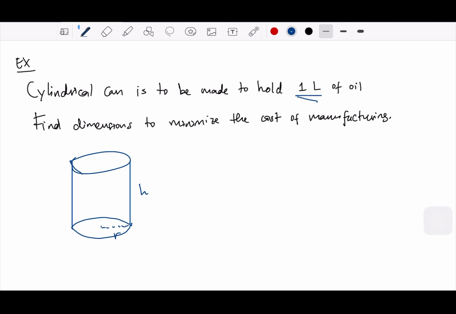So we need to make the cylinder can. The idea is we are going to have all this part in metal. It doesn't really matter how much that costs, but we need to find the dimension that minimizes it.